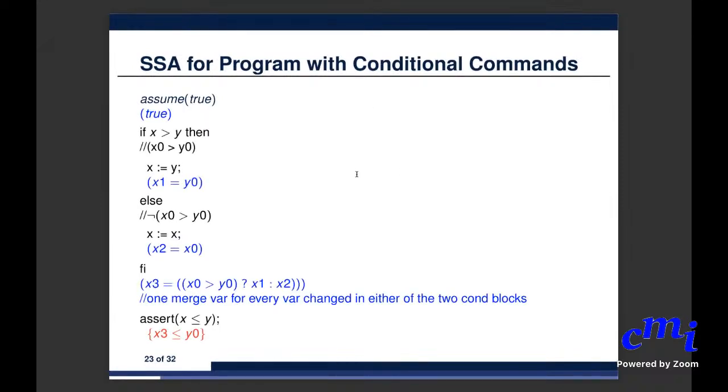You compute the strongest postcondition in terms of the ghost variable on the then arm and else arm separately, and then you merge them in terms of if then else, and that was the idea that was used in SSA. Okay, any questions so far?